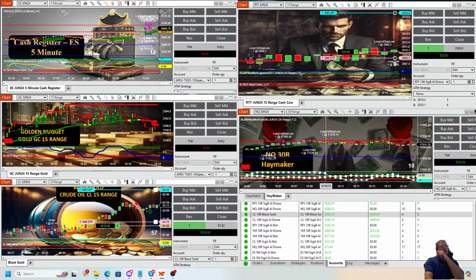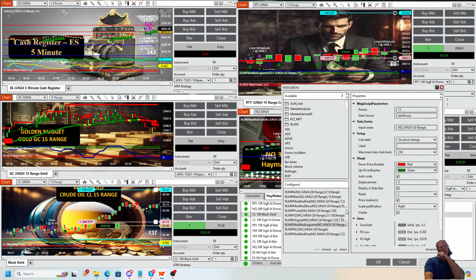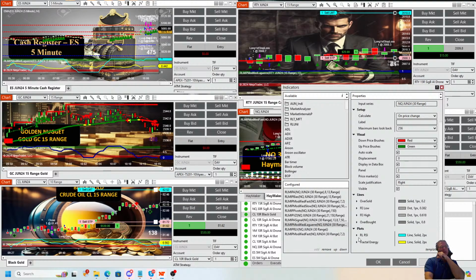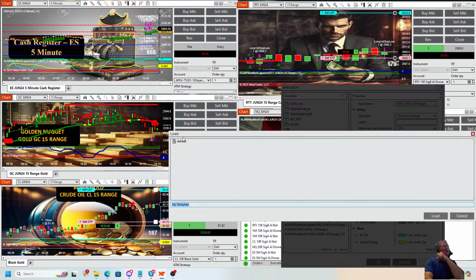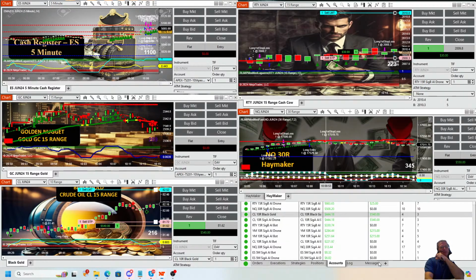What I like to do on these lines in my oscillator is make the fractal energy transparent, and I have a default setting for that indicator that only shows the RSI line, because the RSI line is really the one that I'm concerned with.